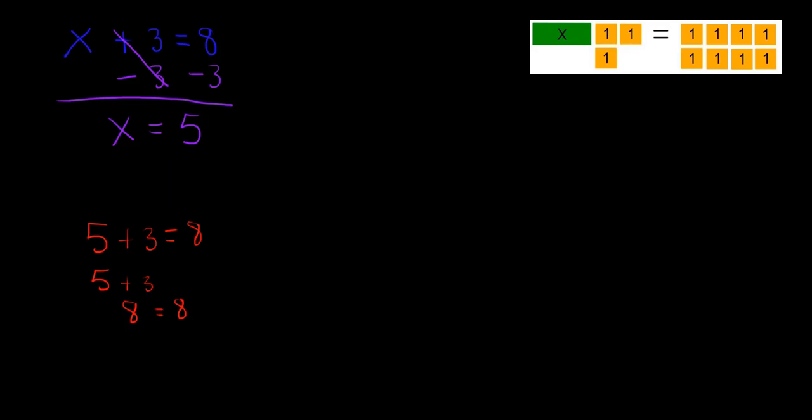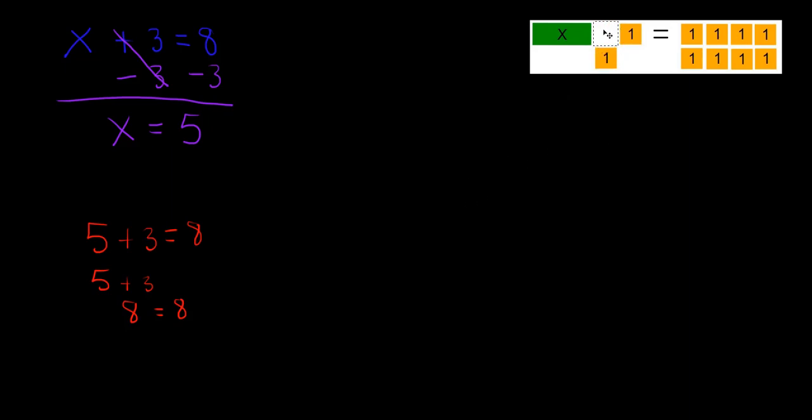We'll go ahead and see this from a model as well. So if we go over here to our model, we have x plus 3, 1, 2, 3 is equal to 1, 2, 3, 4, 5, 6, 7, 8. Okay, now what I'm going to do is take away 1's from the side that the x is. So I'm going to do that right now.